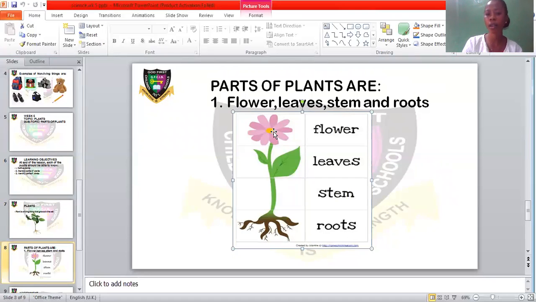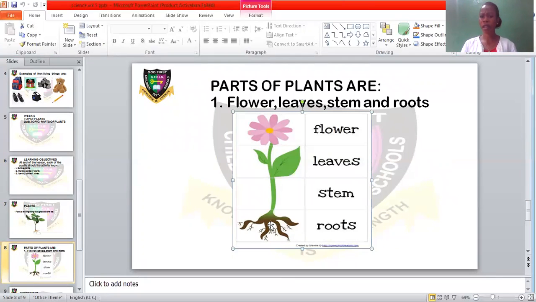The first one is flower. The second one is leaves. It has 2 leaves. The third one is stem. A plant has 1 stem. And the last one is roots. The root is in color brown. Can you all see it?